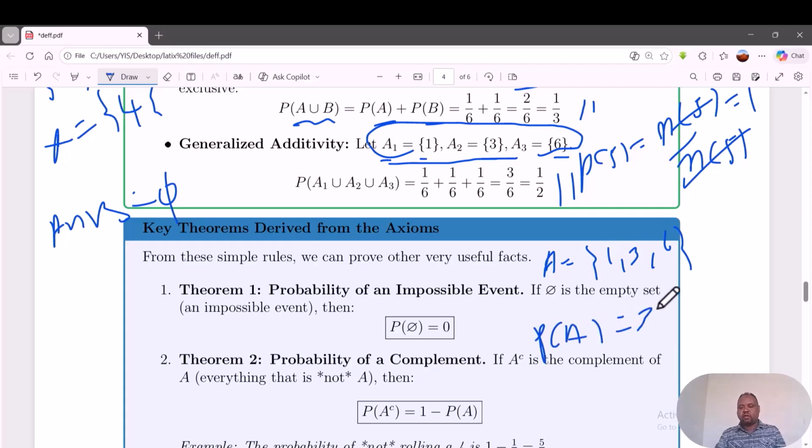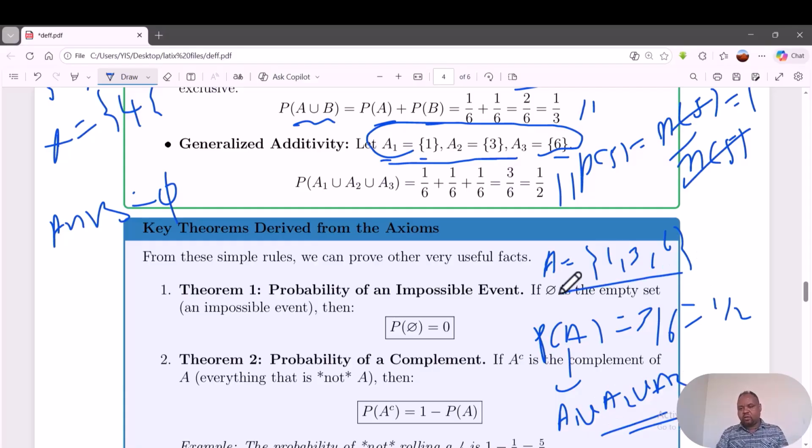This is 3 over 6, or 1 over 2. Now A is nothing but A1, A2 or A3. The outcomes under one event are equal to these outcomes in different events, right?